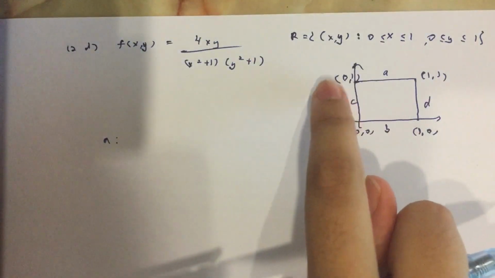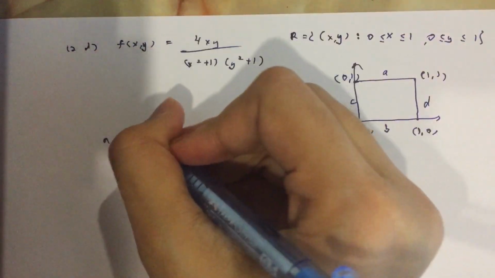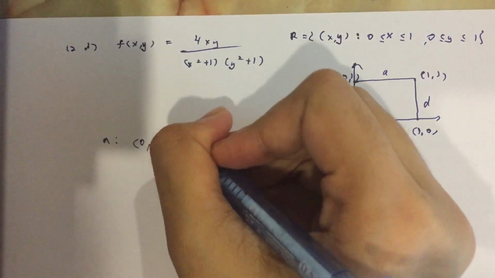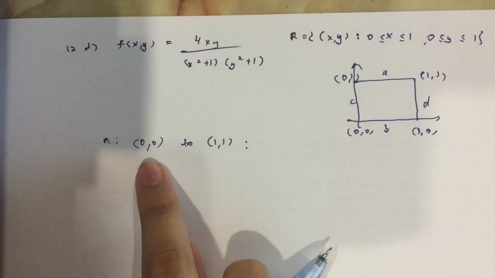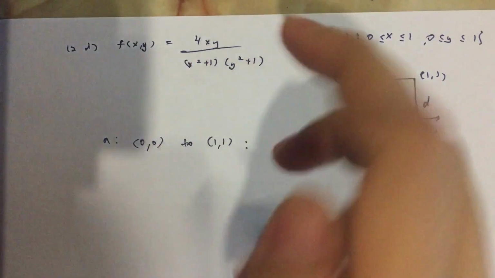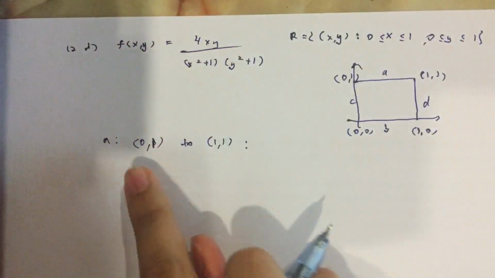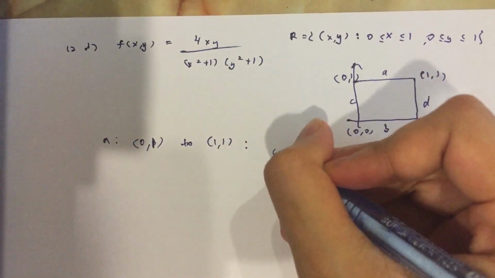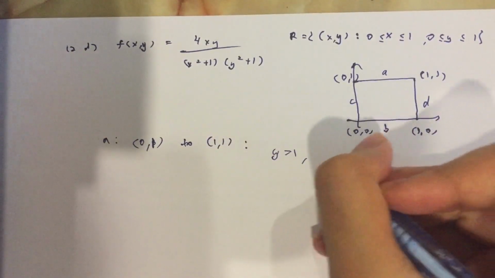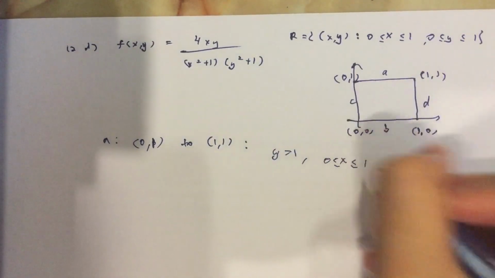A is from point 0, 0 to 1, 1. So we can see that, from 0, 1 to 1, 1. So we can see that y is equals to 1. And then x is in between 0 to 1.